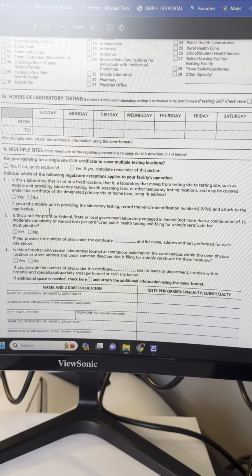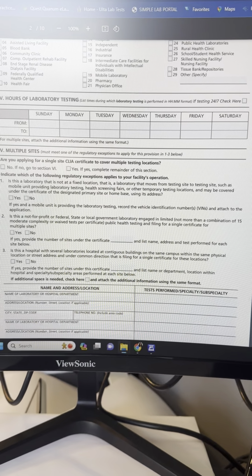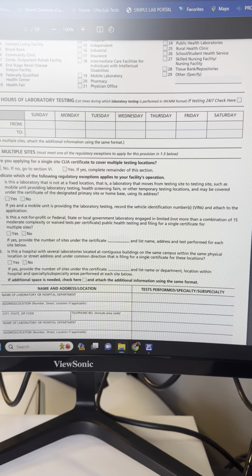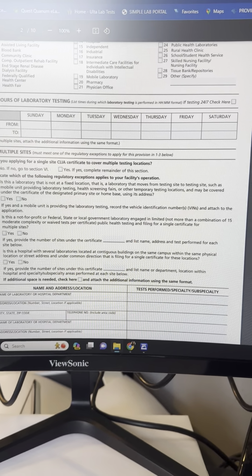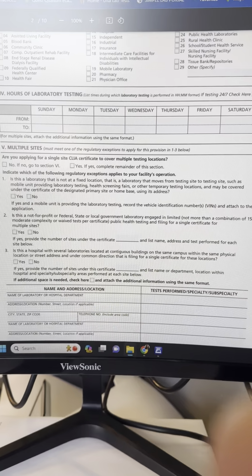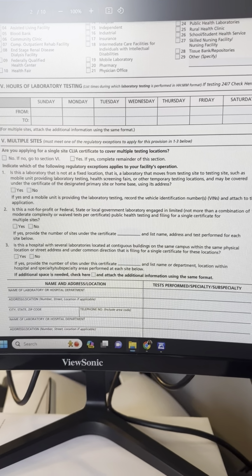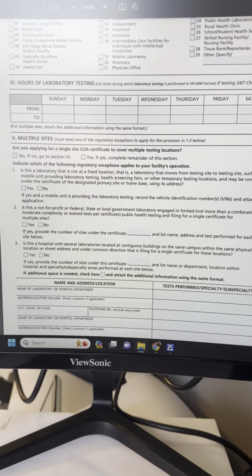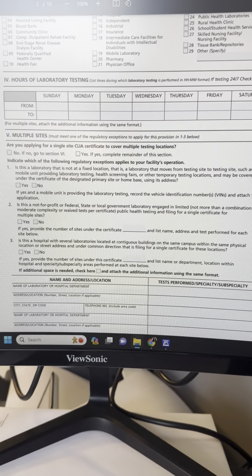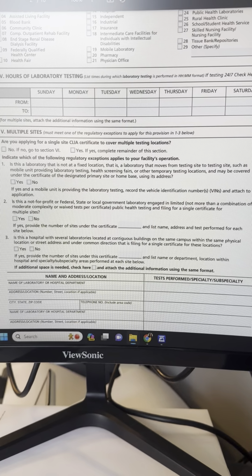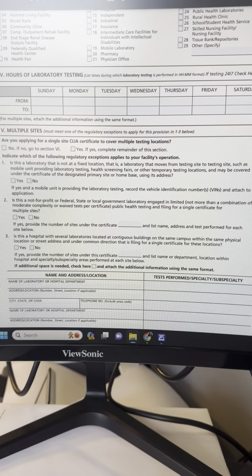5, multiple sites. If you're applying for a single site CLIA certificate to cover multiple locations, and the answer is no, you're going to click no or put a check mark in no, and you're going to skip this entire section and go down to section 6.